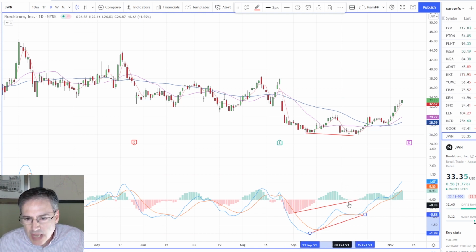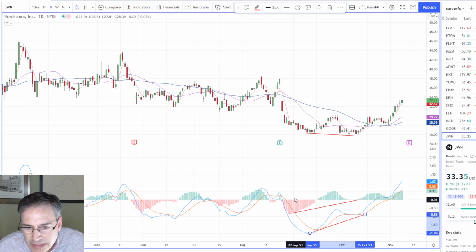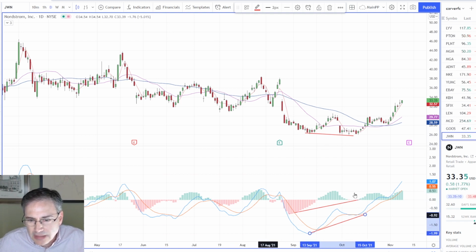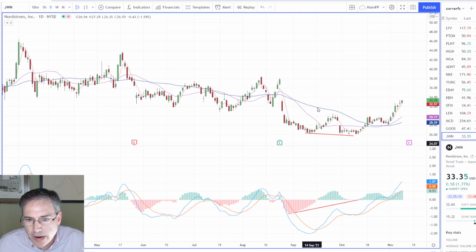Sometimes it's really easier to see when you look at the histogram and you figure out what this is actually telling us. And if I'm looking for a divergence play, I do like to see this go from green back to red. So it goes red back to green, maybe not this big, but then comes back on the red side while price is going to a lower low. So that's a classic divergence play using the histogram.